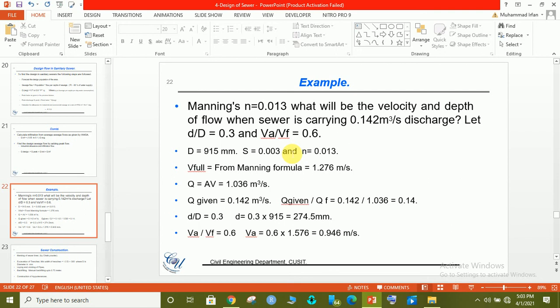You can just use the two charts which are used for the partial flow, the partial flow graph, which has two different lines: the first one is the velocity line, the second one is the discharge line, and you can easily calculate the ratios of velocity, discharge, and diameter of each pipe, where small d is basically the depth of water within the sewer.